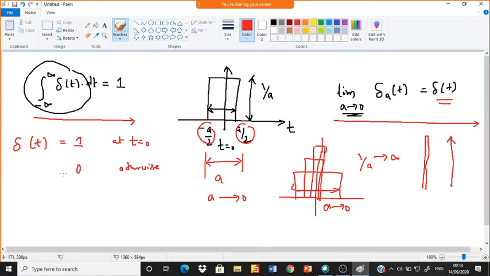And if you consider the property which we have seen, the shifting property, in the time domain also.